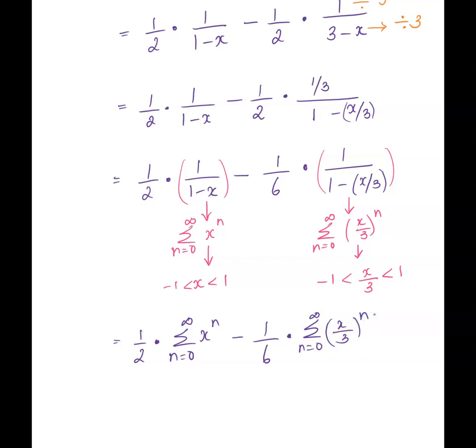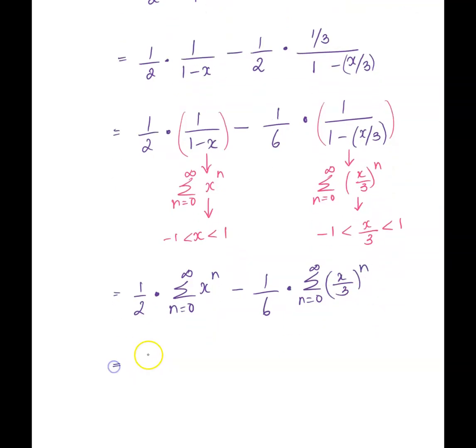But remember, we want the constants to be pulled inside. So it's summation n 0 to infinity half x power n minus summation n 0 to infinity 1/6 x over 3 power n. Now, because they go to the same interval, right, we can combine these two.